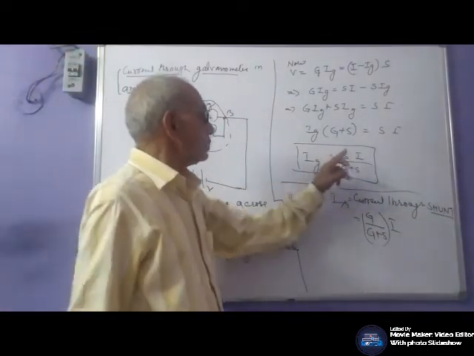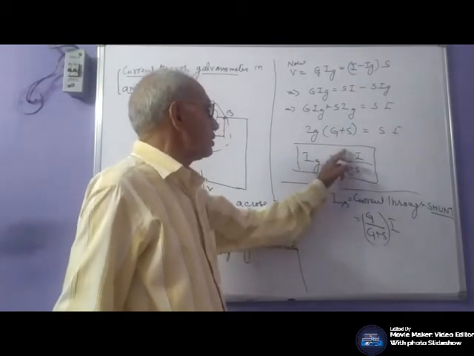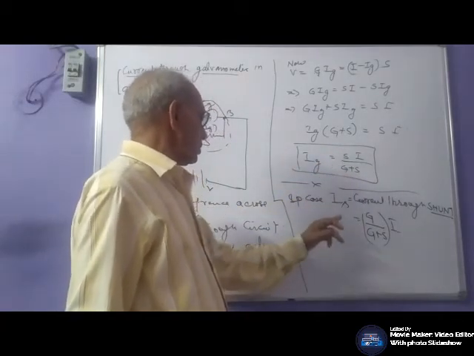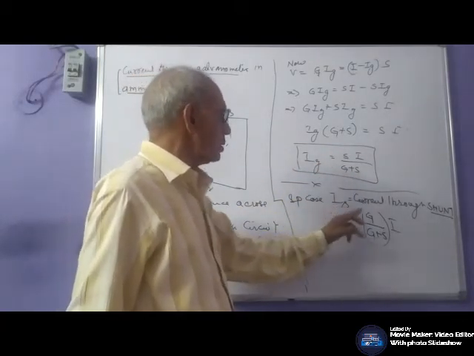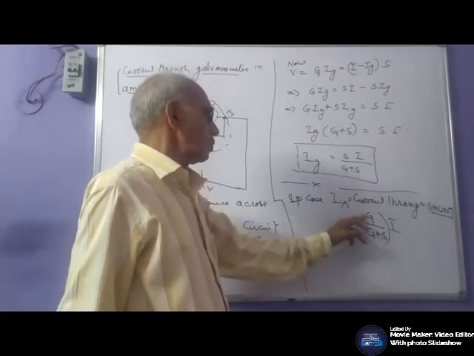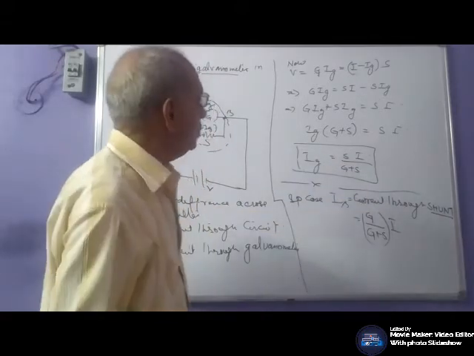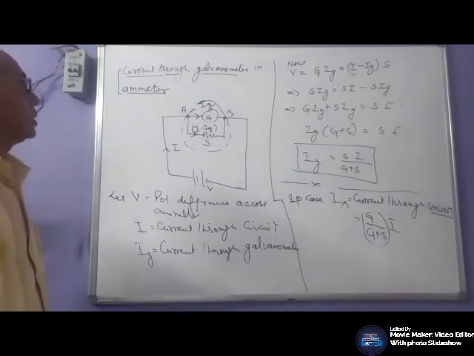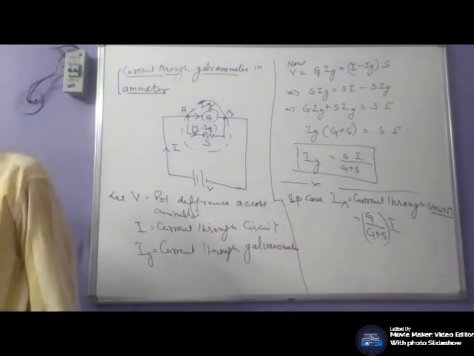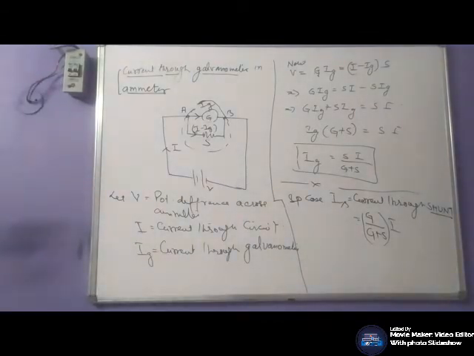Ig was S by (G plus S) into I. Similarly, for the current through the shunt, instead of S there should be G, so Is is G by (G plus S) into I. So this is the current through the galvanometer in the ammeter.